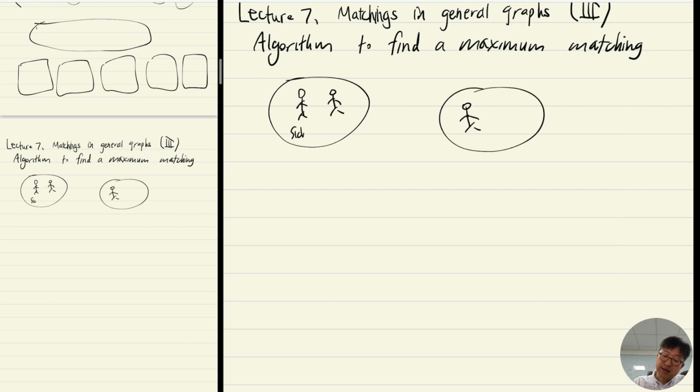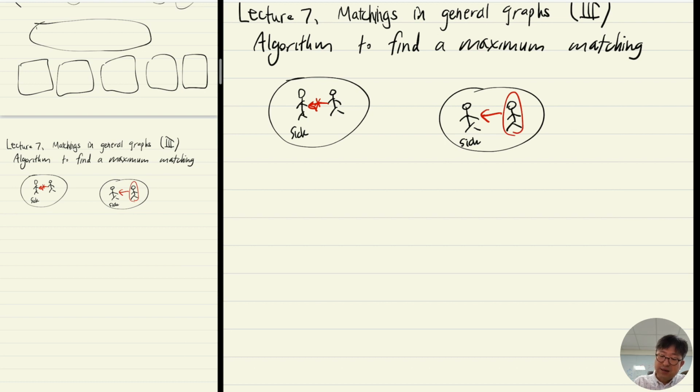One person has a sick kid, and one person is sick because they have some issues with kidney, but the husband couldn't donate his kidney to his wife because their blood type didn't match, or whatever. For some reason, his kidney cannot be used. And same thing with the other family. So his kidney cannot be used for this person.